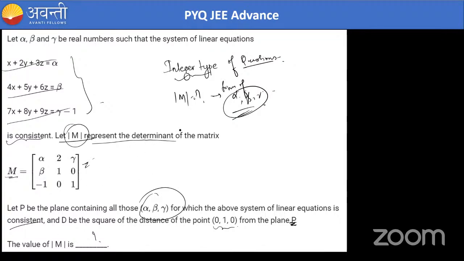The first is that this linear system of equations is consistent, and then P is the plane containing all alpha, beta, gamma for which this linear system is consistent, and D is the square of the distance from the point 0 comma 1 comma 0 to the plane P. So now we have to find out the value of determinant of M, right?